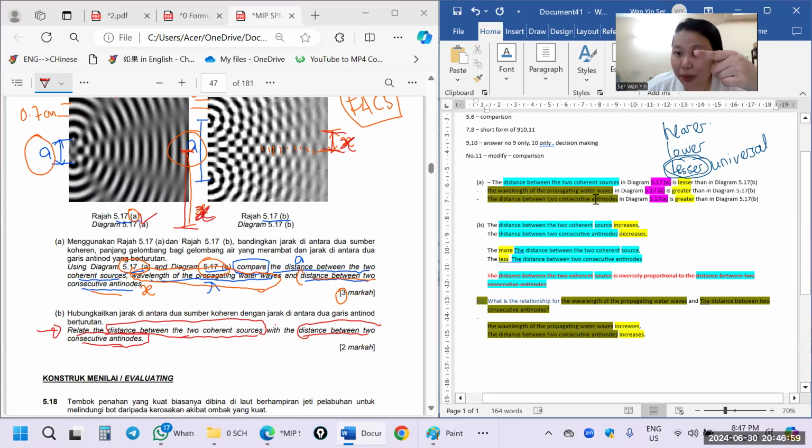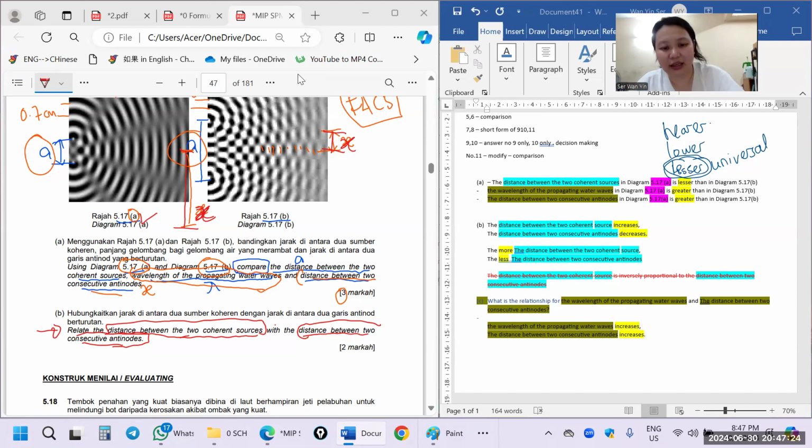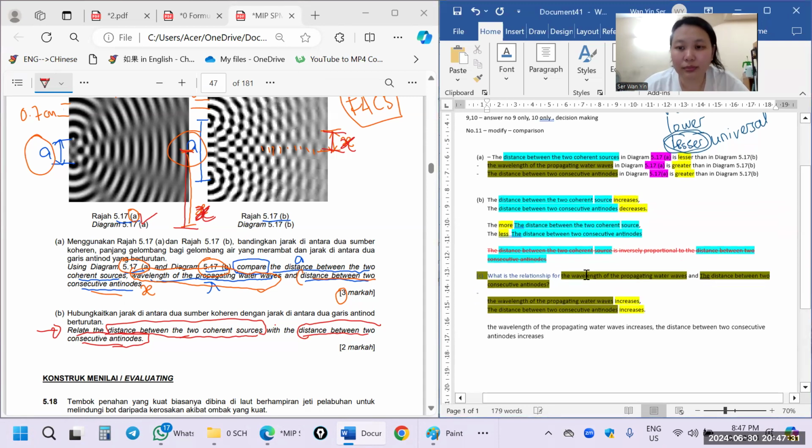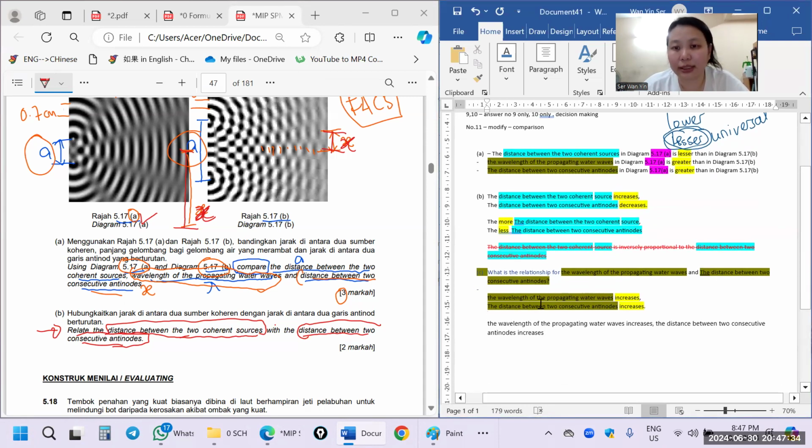But if you compare 2 and 3, greater, so their relationship is increase. Now get the idea. The wavelength of the propagating water waves increases, the distance between the two points. Yeah, increases. Right, same thing.